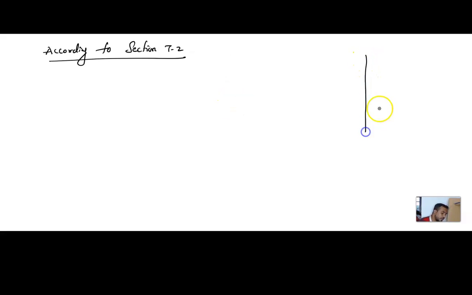According to section 7.2, let me draw a graph of x-axis and y-axis. Okay, this is our x-axis and this is our y-axis.